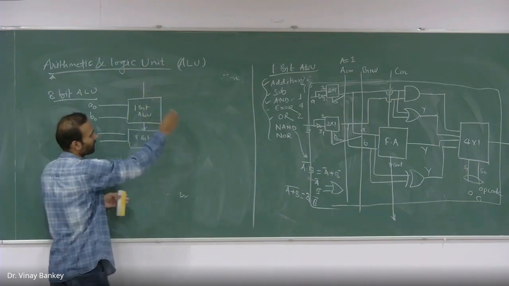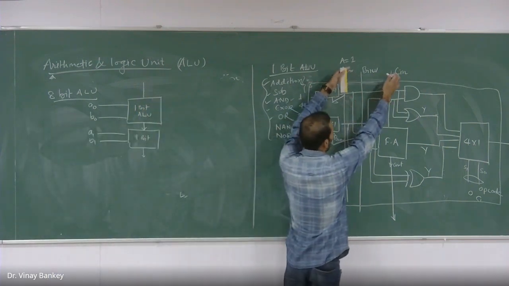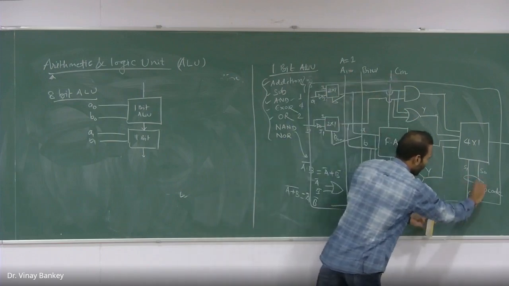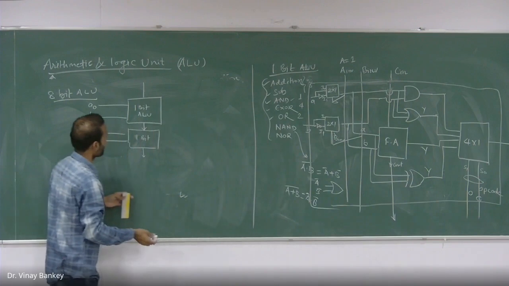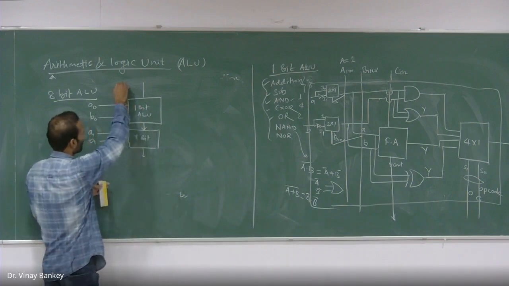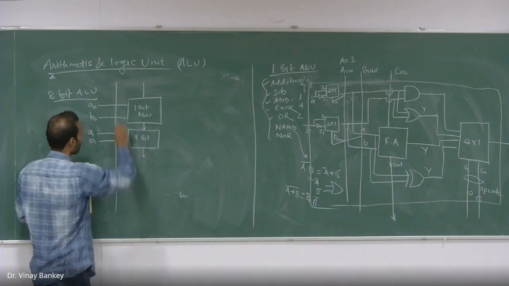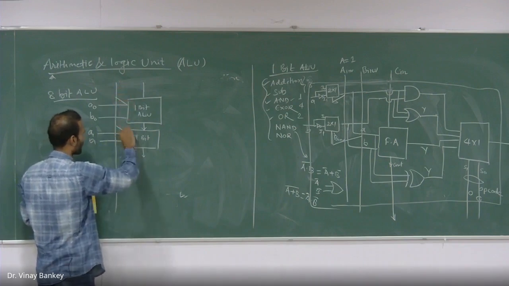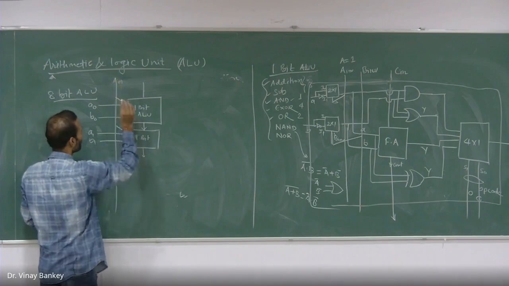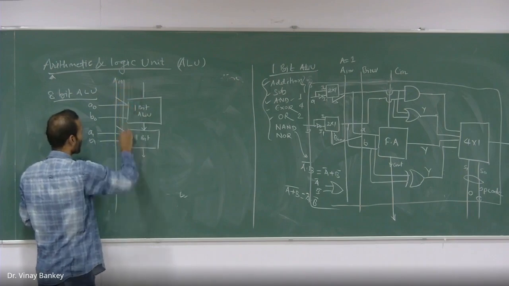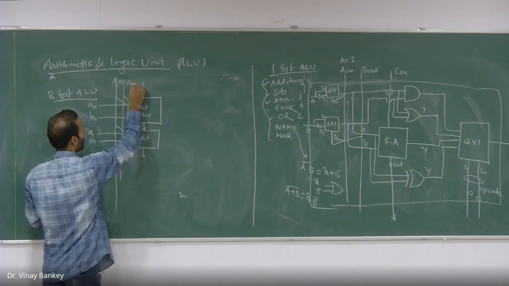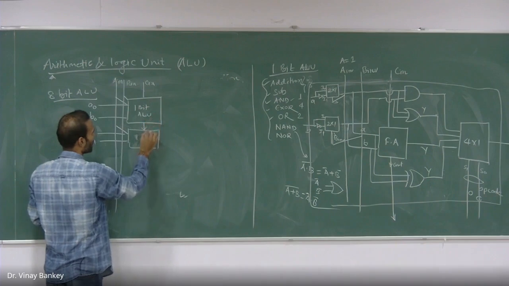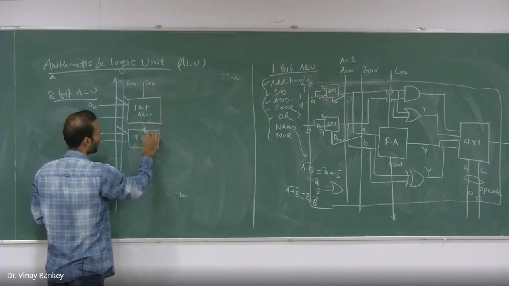And here you have these 3 control inputs for this 1-bit unit, and these are the outputs you have. Each and every control line will be connected to each unit. This is A invert, another one is B invert, and this is C in. So C out of the first ALU will be connected to C in of the second ALU.